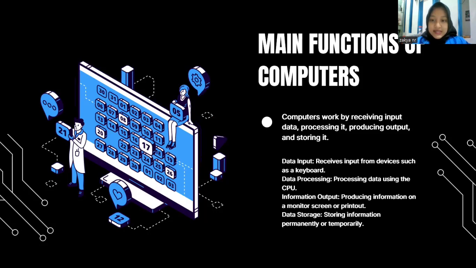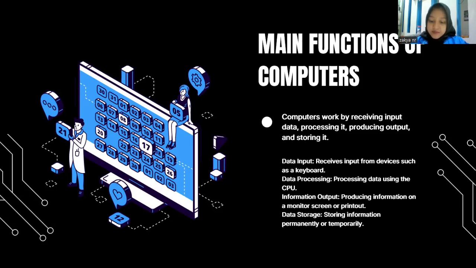Second, data processing is processing data using a CPU. Third, information output is producing information on a monitor, screen, or printout. Fourth, data storage is storing information permanently or temporarily.